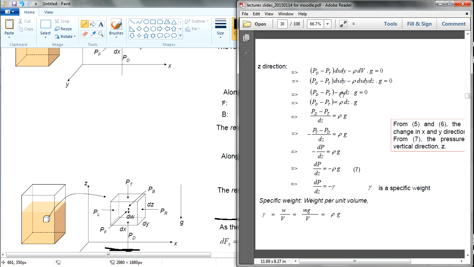So we are left with only the change dz in the z direction, and then you bring this formula to this side, just changing the sign, bringing it to the 0.